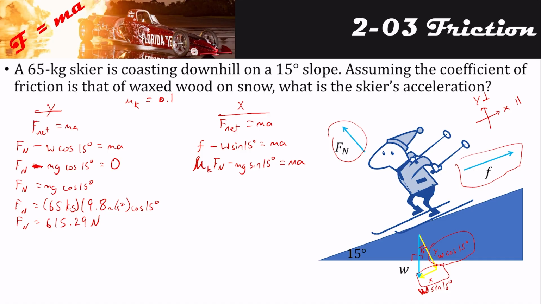The coefficient of friction was 0.1. The normal force was 615.29. The mass is 65. g is 9.8. Sine 15. Mass is 65 kilograms times a.